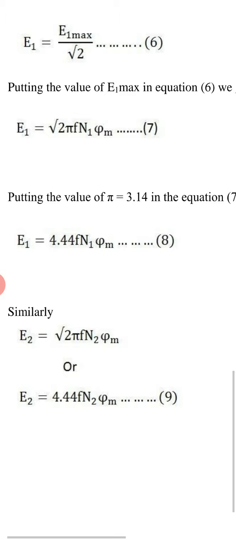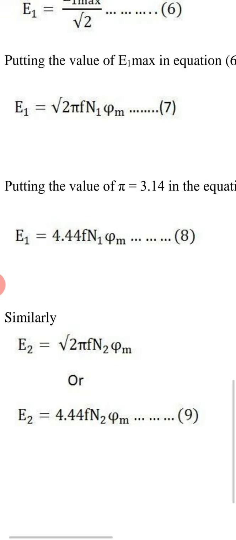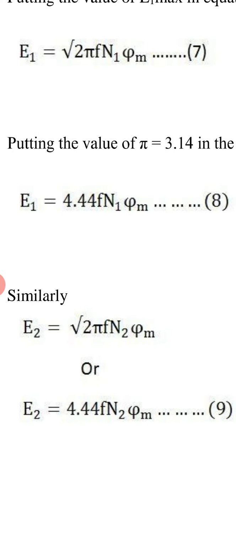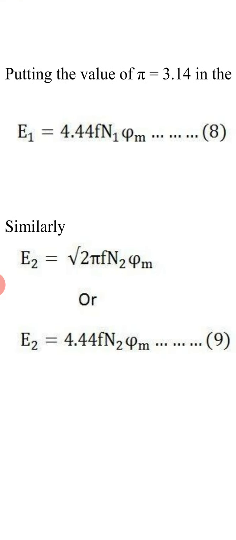Now putting the value of pi in equation number 7, we get equation number 8, that is 4.44 f N1 phi m. So this is the induced EMF in the primary winding, 4.44 f N1 phi m, where f is the supply frequency fed to the primary winding, N1 is the number of turns in the primary winding, and phi m is the maximum value of flux in the core. So this is the EMF equation for the primary winding.